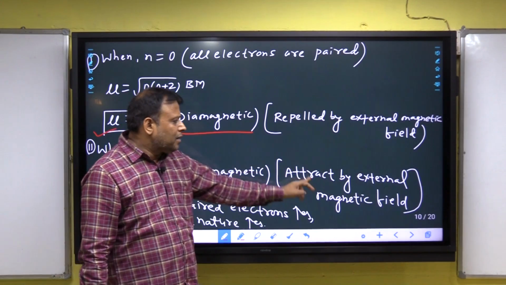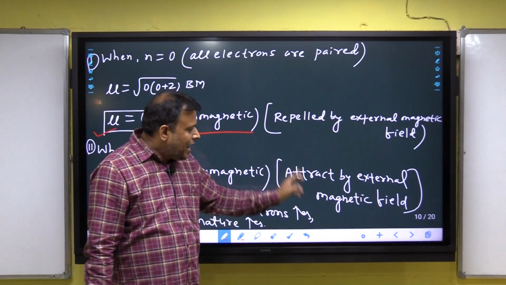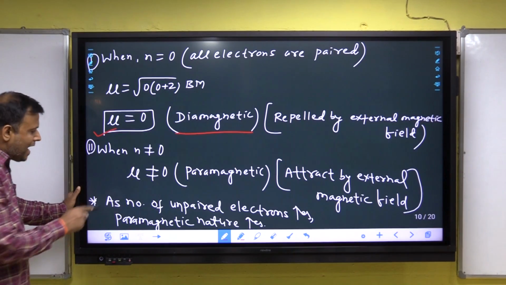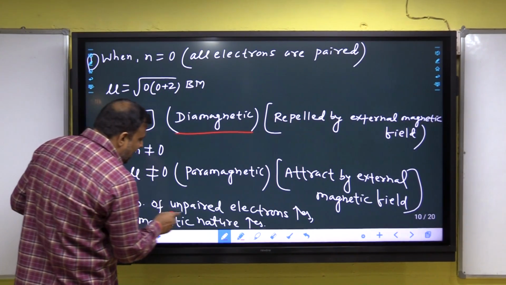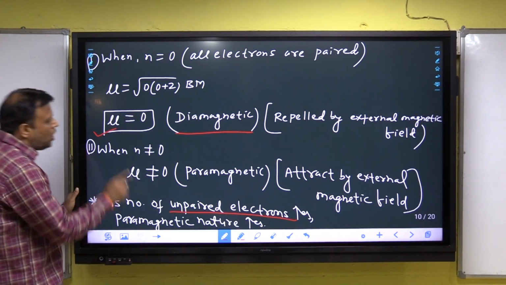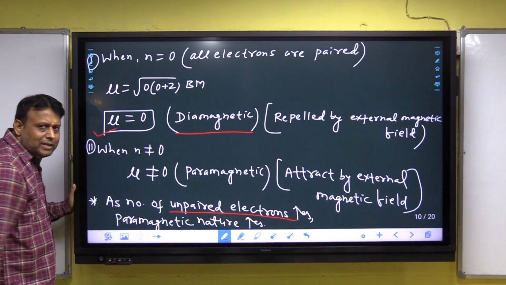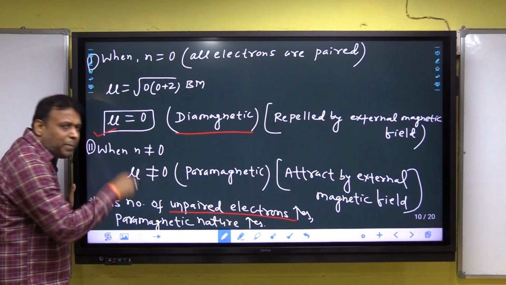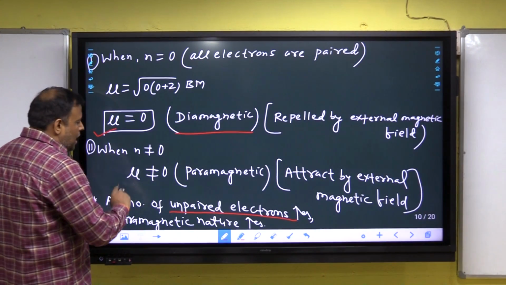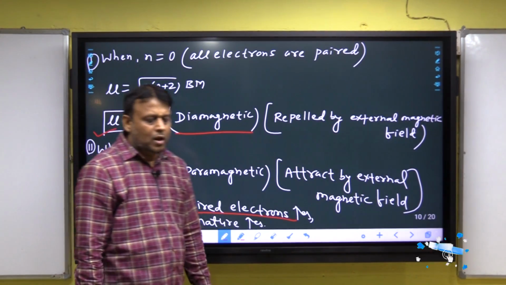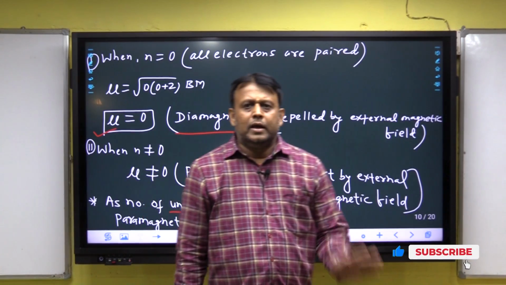As the number of unpaired electrons increases, the value of magnetic moment increases, so paramagnetic nature increases. Clear?